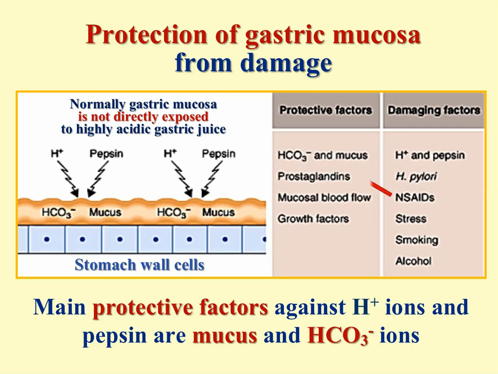When these substances are used, especially for a long time, they block prostaglandin formation and decrease protection of the gastric mucosa, so this side effect often occurs. Damage of the mucosa and even ulcers can appear due to long-term usage of non-steroid anti-inflammatory drugs.